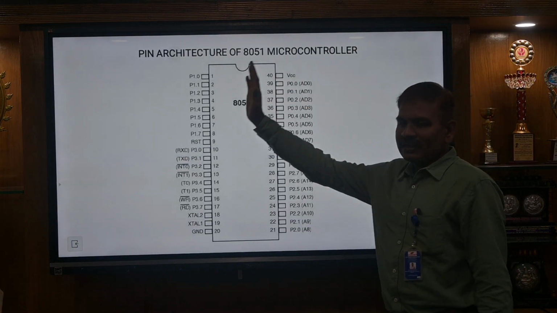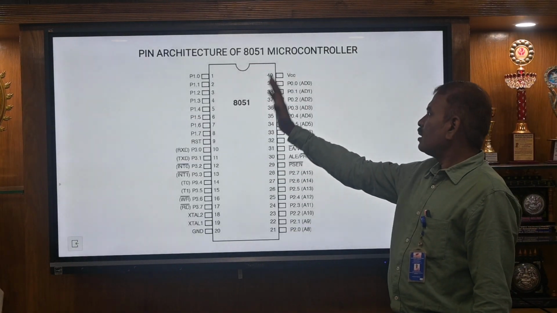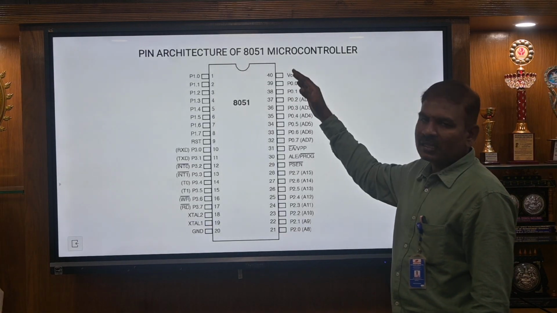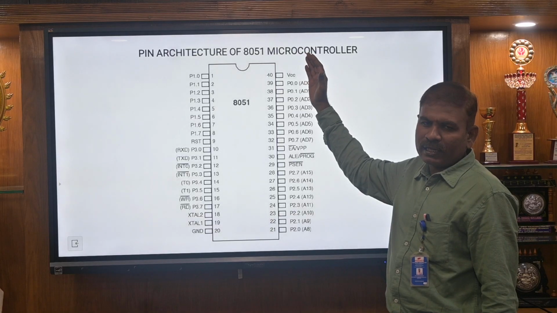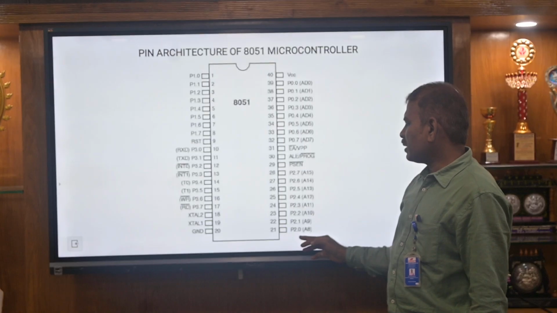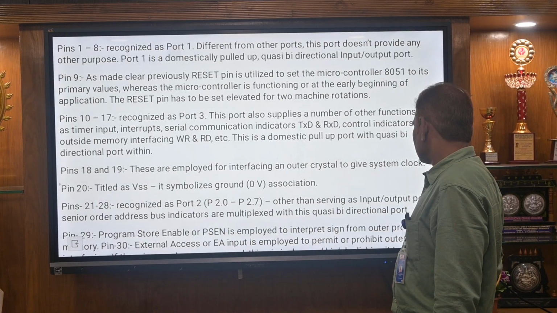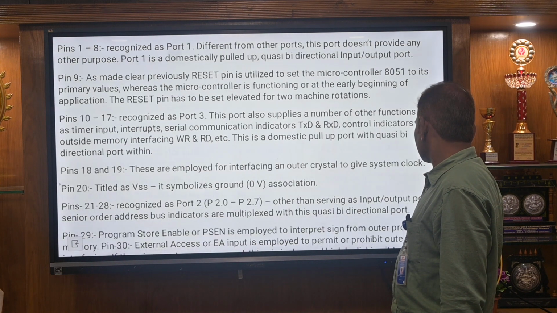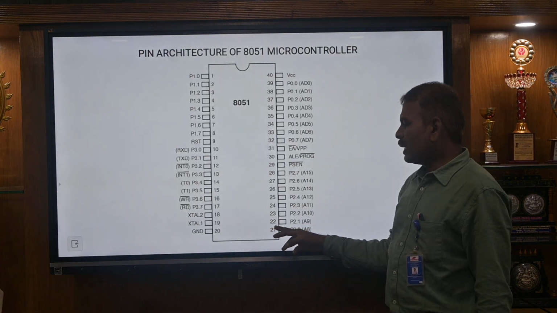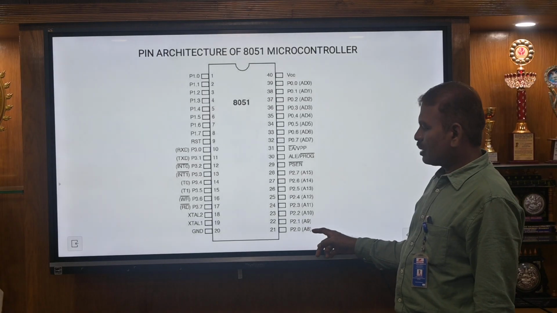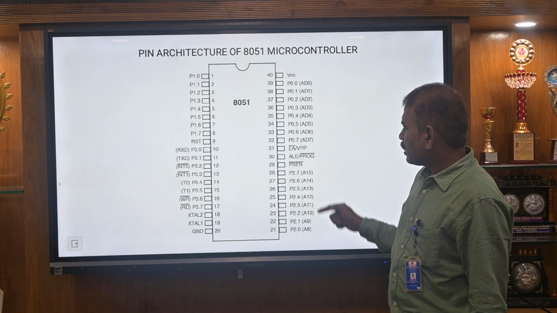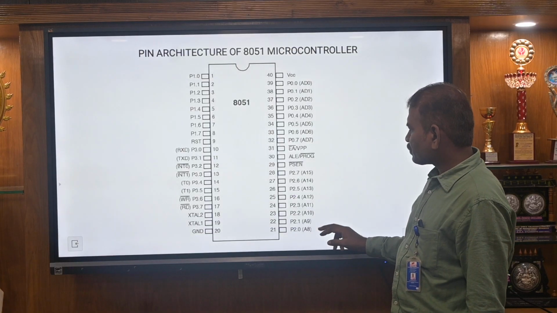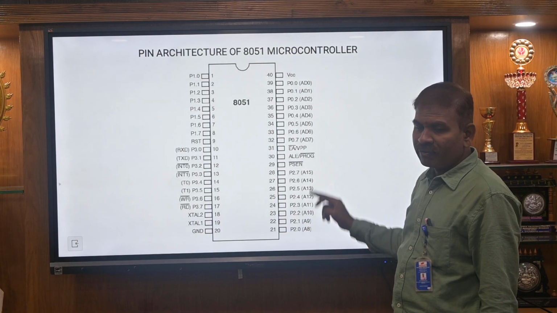And then this is for the left hand side, and on the right hand side, pin 20 is ground, and pin 40 is 5 volt, and then pin 21 we are taking for the address bus, here the higher order address bus A8 to A15.